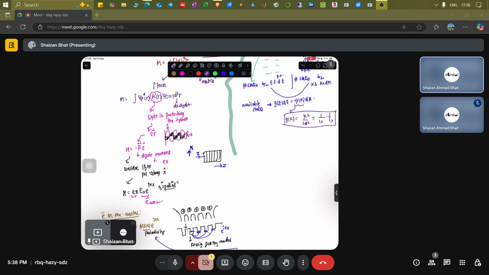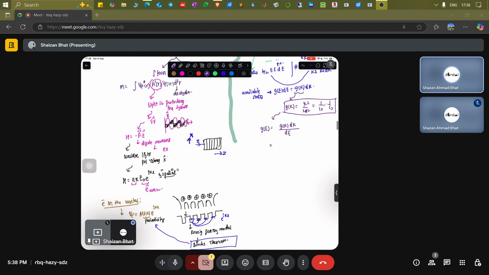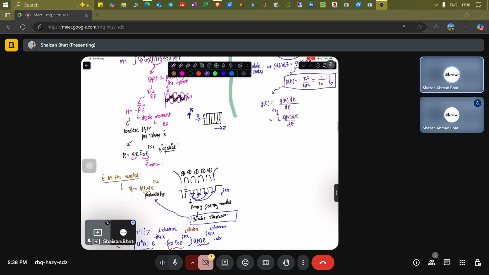Okay, so you can write g of e now to be equivalent to g of k, d of k divided by d of e, and you have a two factor because of the spin of the electron. You can have either up spin or down spin, and you can obtain this dk over de because you know e is equal to h bar square k square divided by twice m.